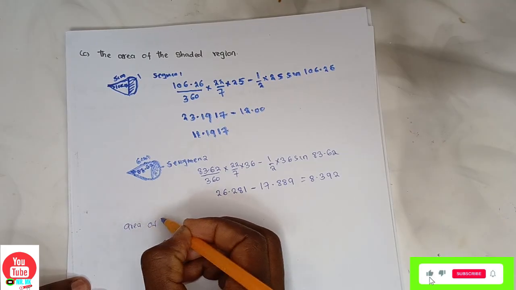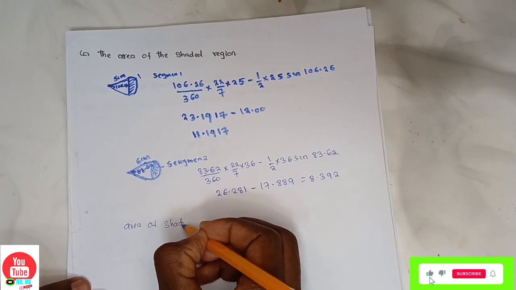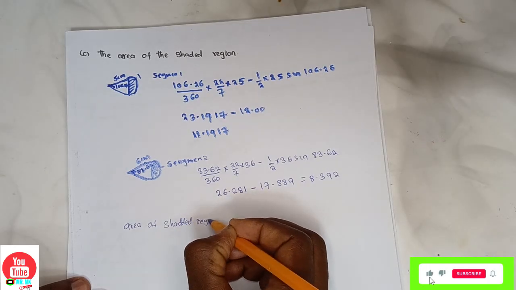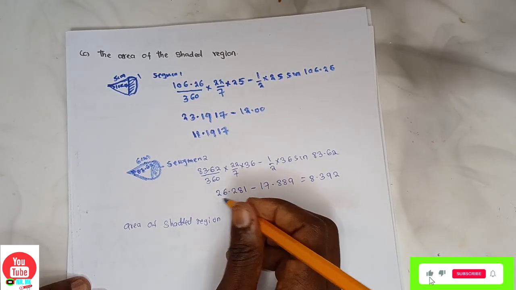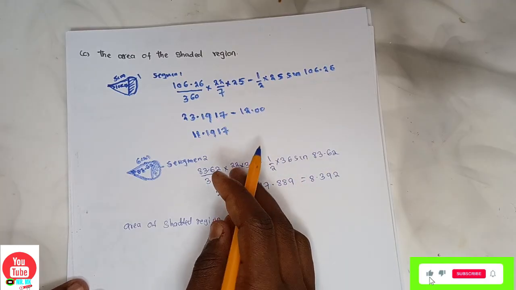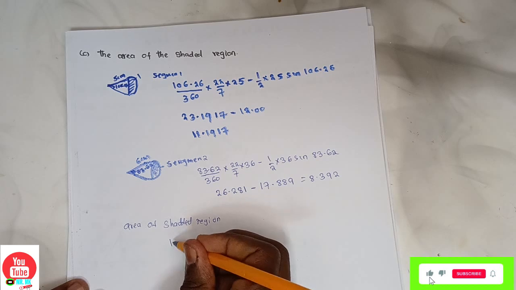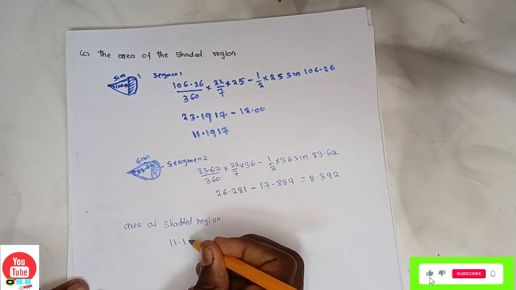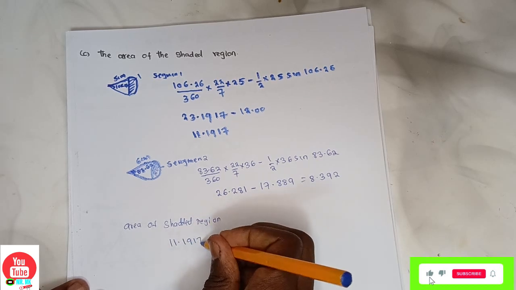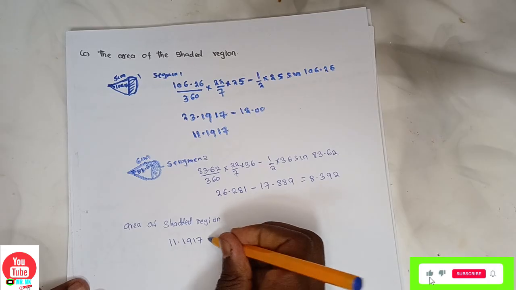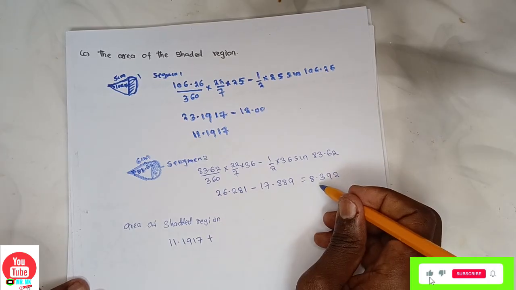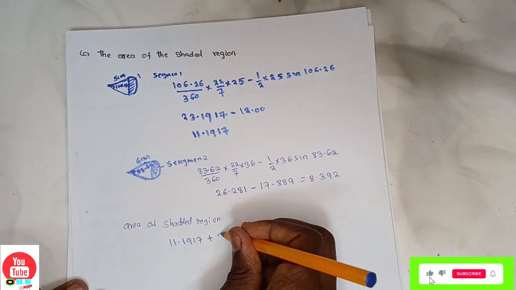Now to get the area of the shaded region, you add. You take segment 1 plus segment 2. Segment 1 we have 11.1917 plus segment 2 we have 8.392.